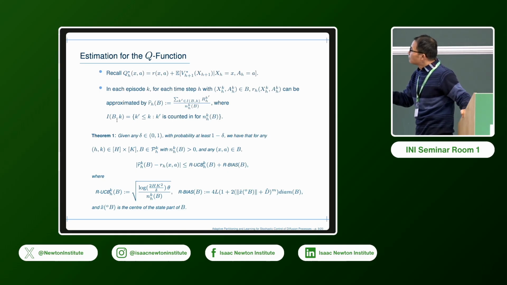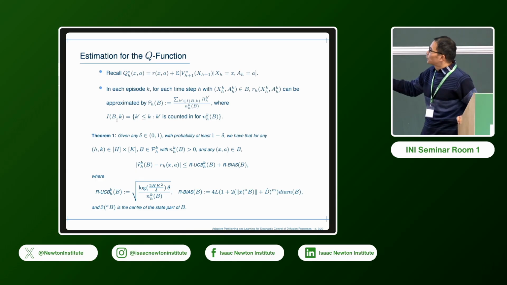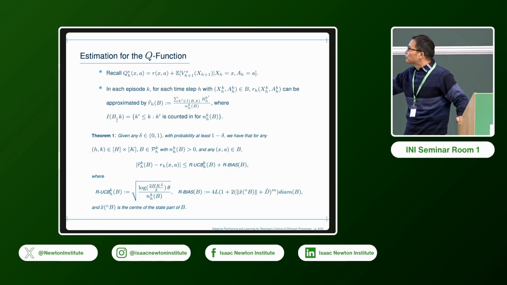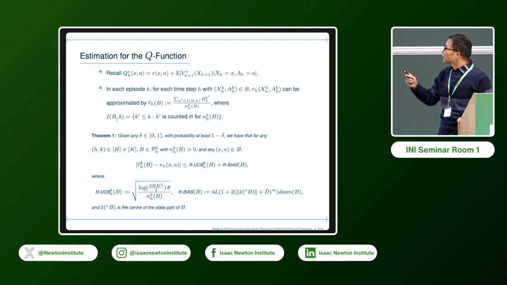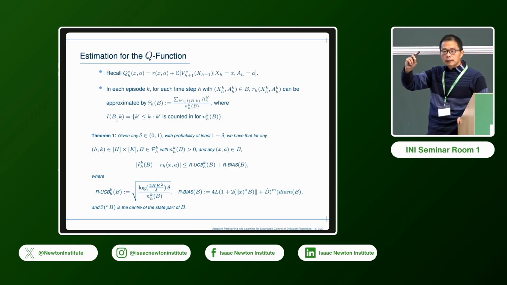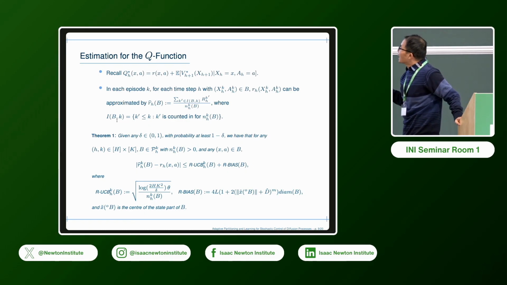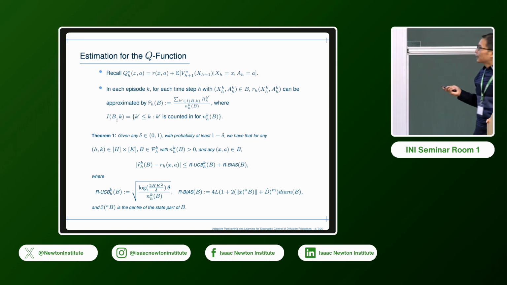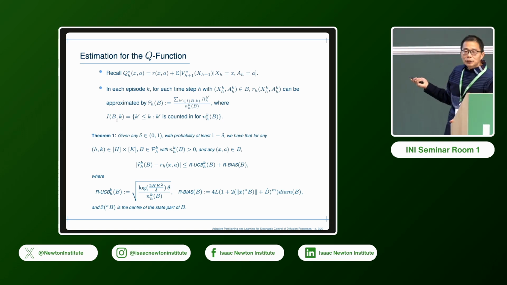The first term, you don't need to look at all terms, but this visitation counts is an infinitesimal of the order of n_h^k(B) to the minus half. Right? And the other bit, the bias term, is something linear to the diameter of this block.